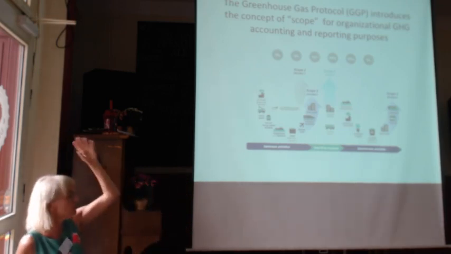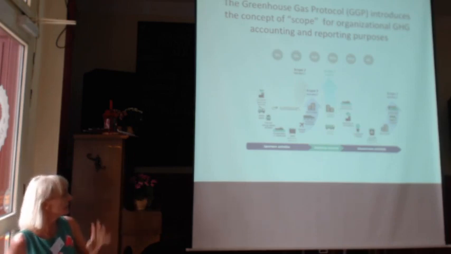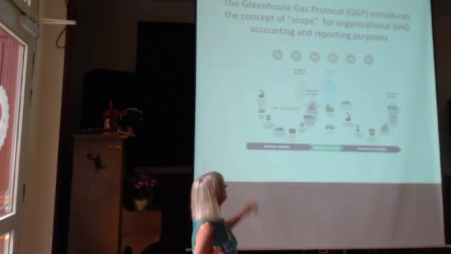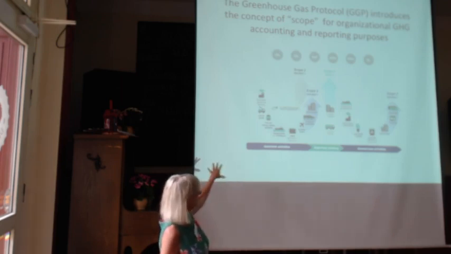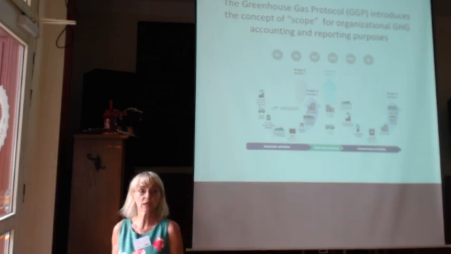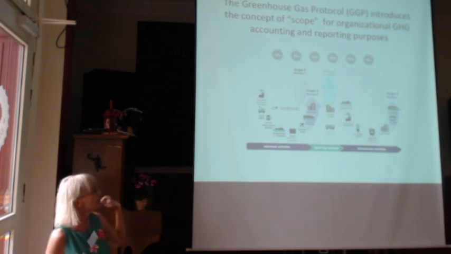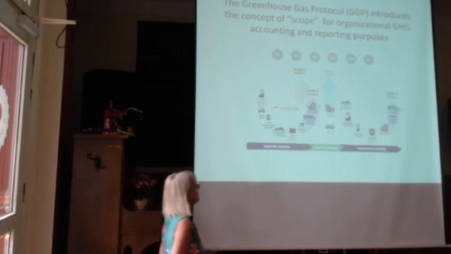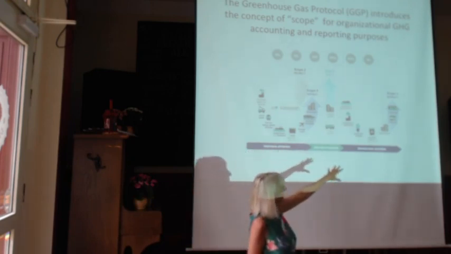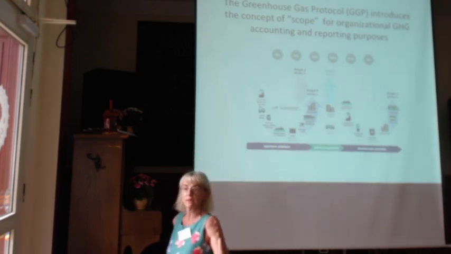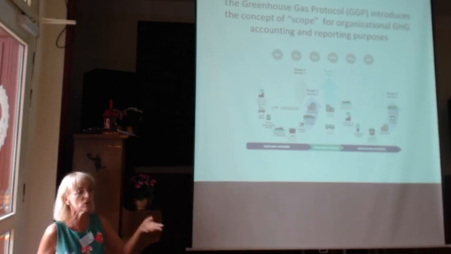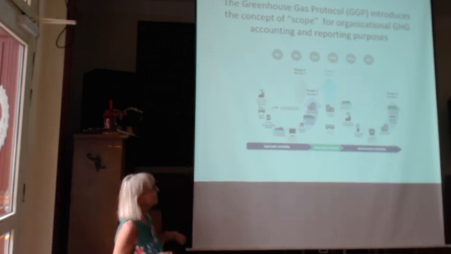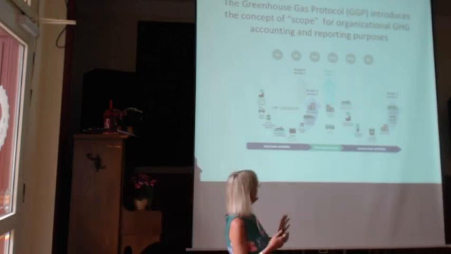So if you have your own solar panels, it doesn't count as scope 2, but all the electricity you purchase comes under scope 2. And scope 3 is everything else. Scope 3 is coming from your suppliers and from your customers, looking at the entire supply chain. Everything within scope 3 should be reported by somebody else as their scope 1 or scope 2. But by categorizing it separately, you can try to make sure that we are not double counting things.